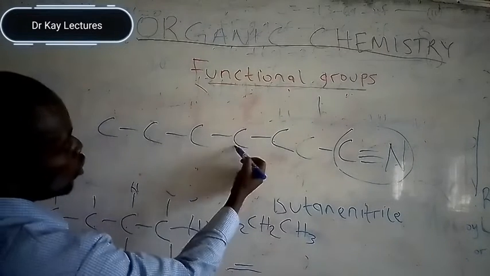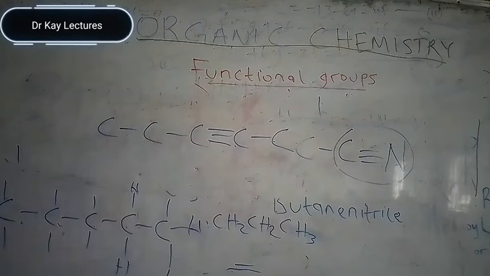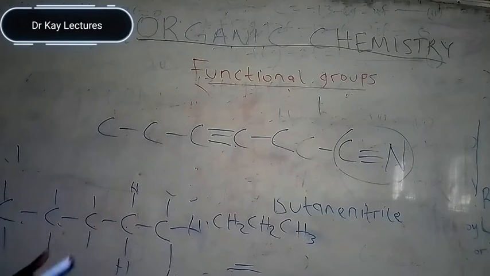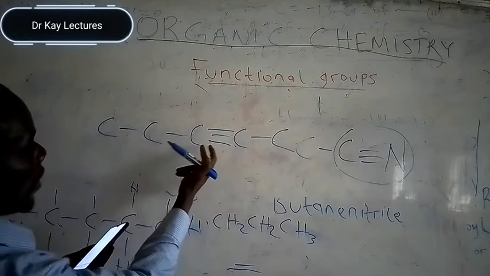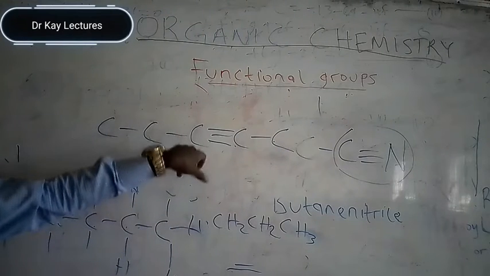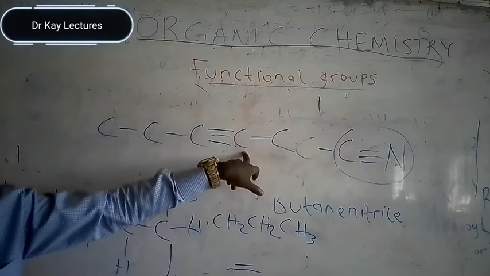So let's go: 1, 2. Our triple bond is here. Can you see? So we follow the same rule that carbon must be bonded to just 4 atoms. When you follow it, you discover that this one already has 1, 2, 3, 4, so no hydrogen can be attached to this carbon here. And the same thing with this carbon, no hydrogen can be attached here.